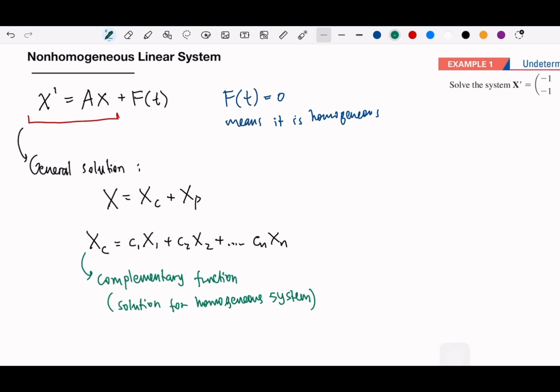And the xp is a particular solution of the non-homogeneous system.